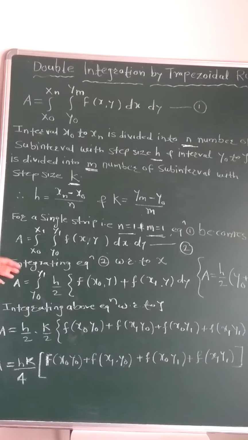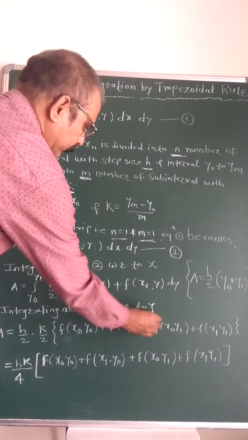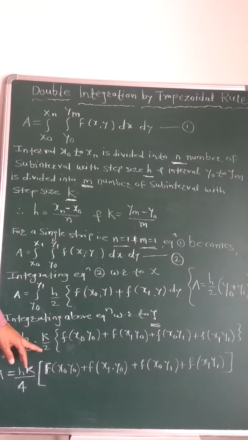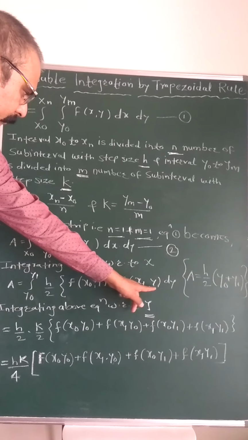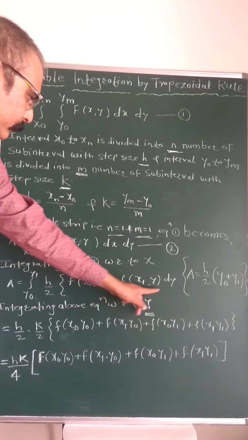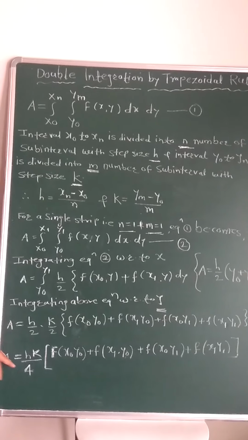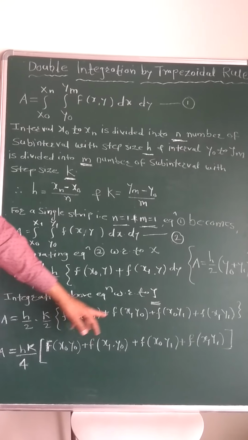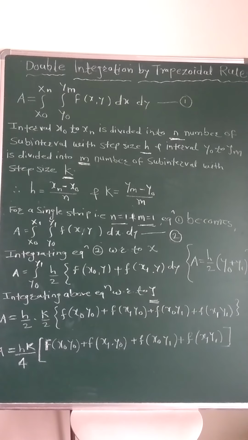Now integrating the same equation with respect to y, A is equal to h by 2 into k by 2 into f of x0 y0 plus f of x1 y0 plus f of x0 y1 plus f of x1 y1. Finally, you will get A is equal to hk by 4 into f of x0 y0, f of x1 y0, f of x0 y1 and f of x1 y1.